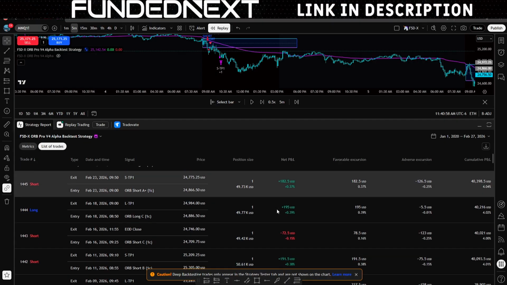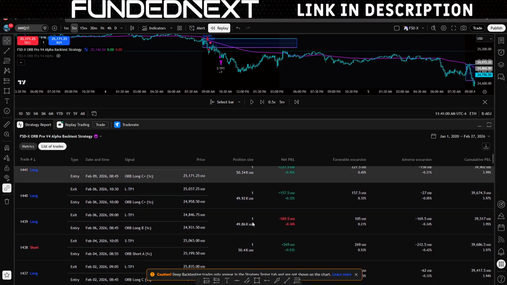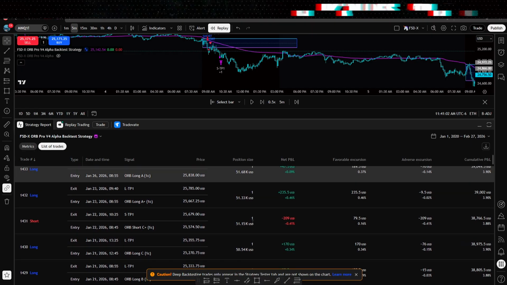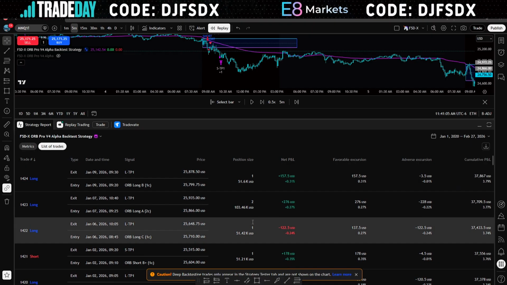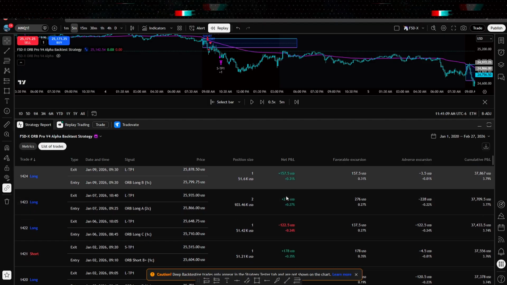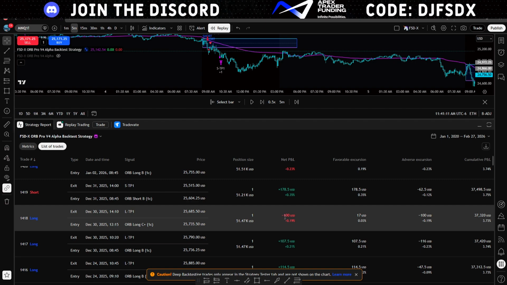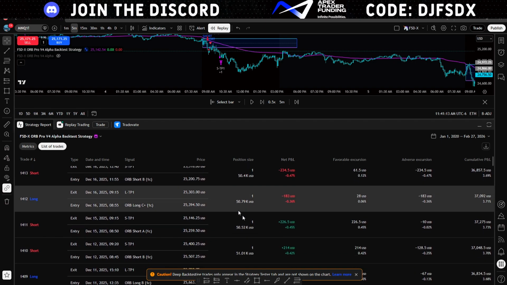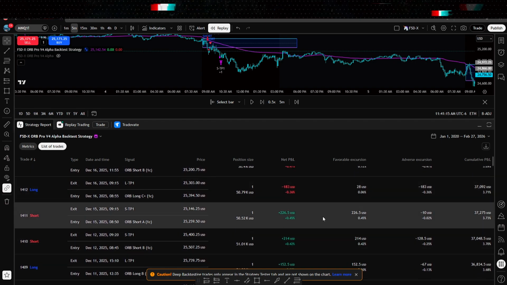And it does adjust. So if we look, depending on the setup itself, like this was a setup, it took 2 contracts. It just depends on the setup. It will actually adjust it in the backtesting data.